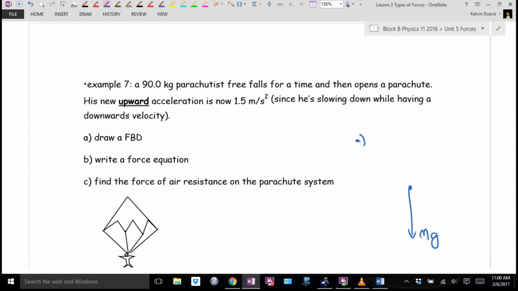Upwards. Which way must the bigger force be pointing? Down or up? What direction is this person accelerating? So which way must the biggest winning unbalanced force be pointing? What law is that? Newton's first. So I'm going to ask you again, air resistance, bigger, smaller, or the same size as mg?